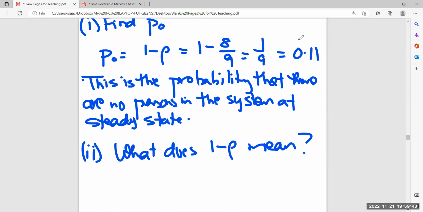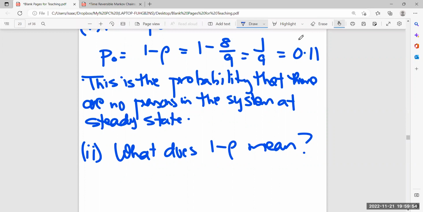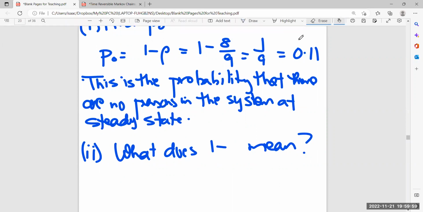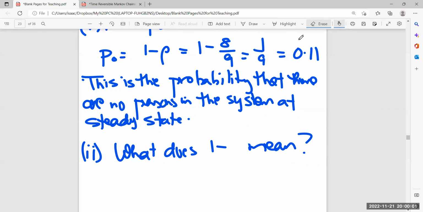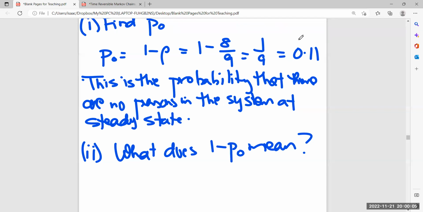P0 is 0.1, right? Sorry, that's supposed to be P0. So if somebody asks, what does 1 minus P0 mean? Yeah, you must have at least one person in the system.